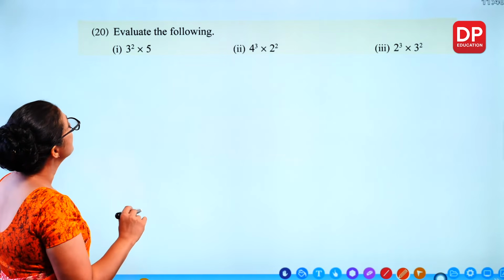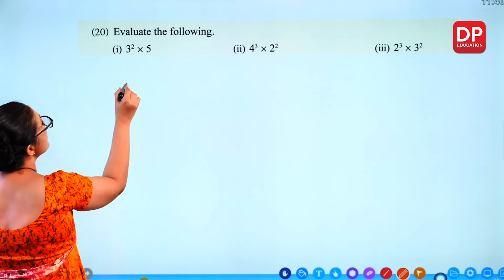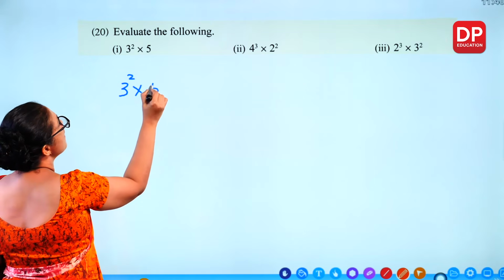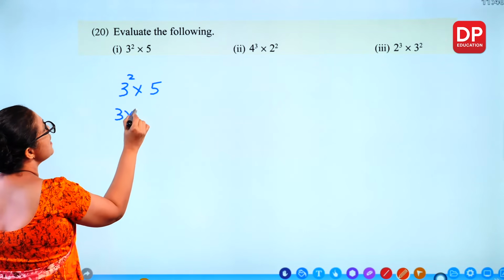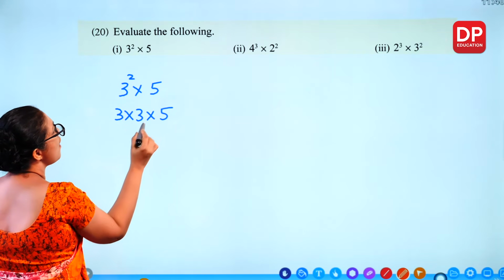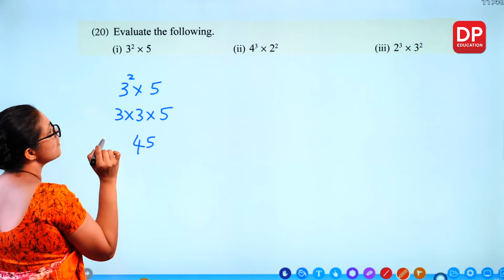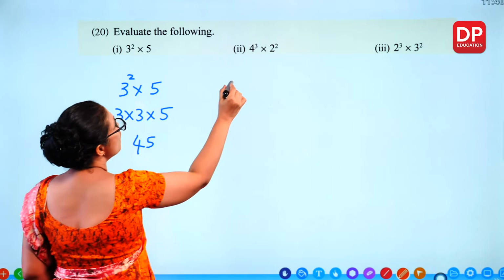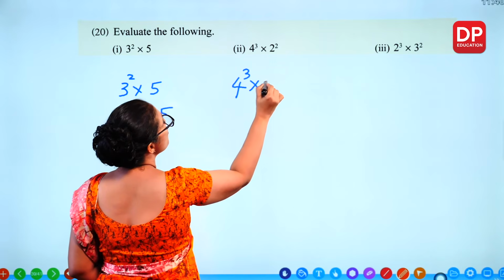Evaluate the following. So how do you evaluate this one? 3 squared into 5. 3 times 3, 9. 9 times 5, you get 45. Here 4 cube and 2 squared.